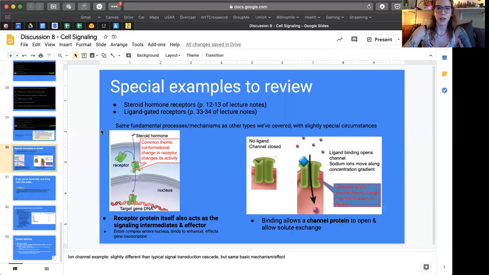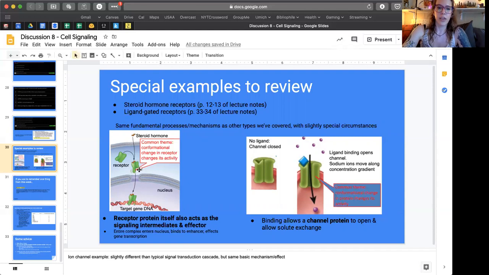All right, so I just wanted to plug some special examples really quick. These both are essentially the same fundamental processes and mechanisms that we've just talked about, but under slightly different conditions. One of them I brought up previously, which was the steroid hormone receptors. The reason why this process is unique is, well, one, it has these intracellular receptors. So we know that the steroid hormone must be able to cross this membrane by itself, and it does. But what's really unique is that this whole complex, this receptor and steroid binding complex, is actually the effector molecule.